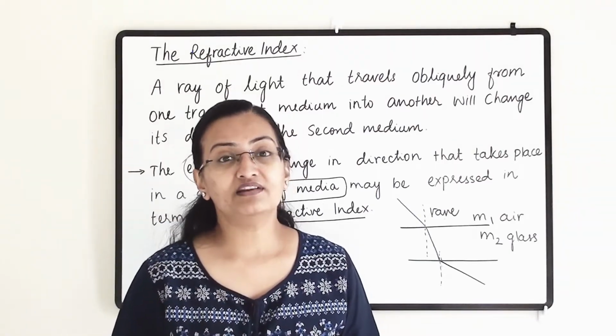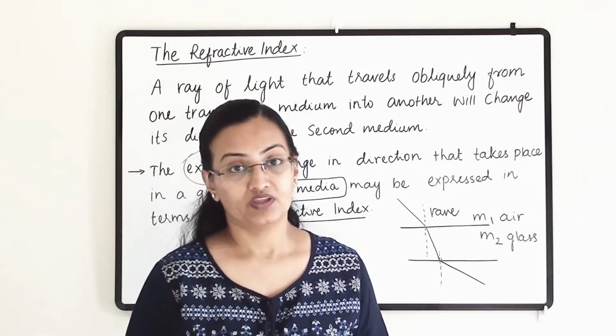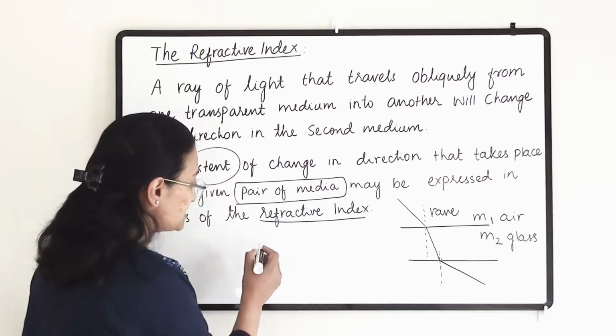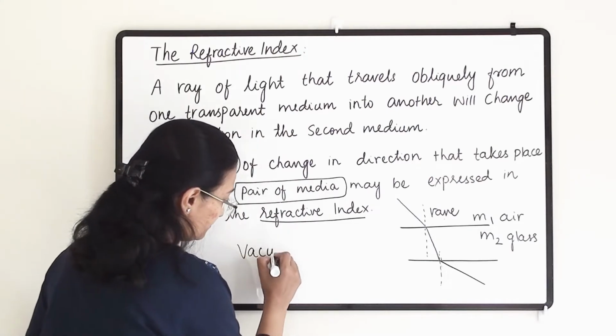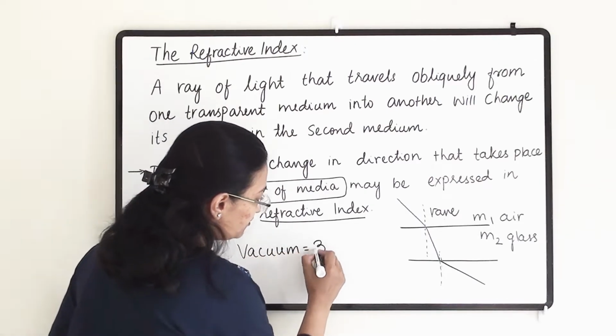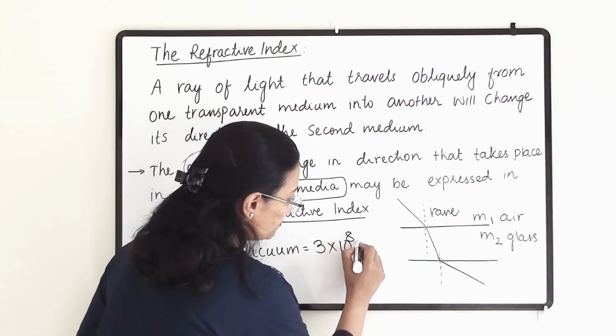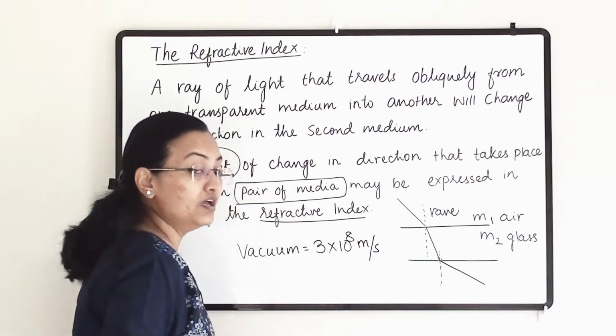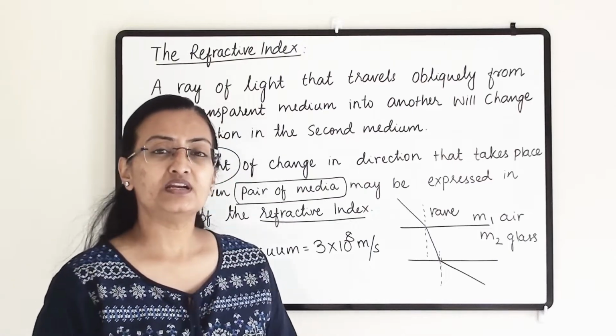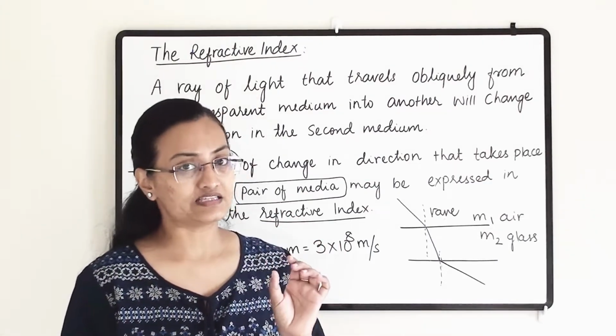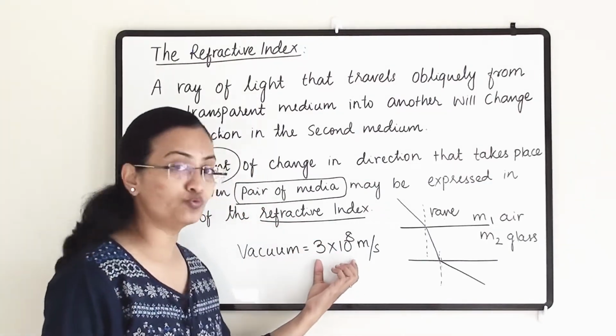Now light travels fastest in a vacuum, and its speed in a vacuum is 3 into 10 raised to 8 meter per second. In air the speed is marginally less, so it is almost equal to the vacuum.